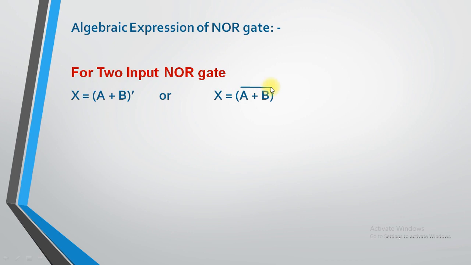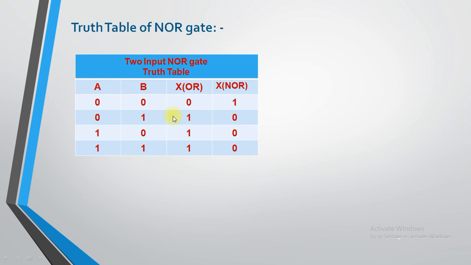Similarly, if you want to represent it using a bar, at that time again write A plus B, which is the formula for OR gate, right? And if you want to write the formula for NOR gate, you need to make a bracket and put a bar over it. So both can be used when you work with the NOR gate. This truth table we have already seen. So this is the truth table of NOR gate. First of all, write the output of OR gate and then write the output of NOR gate.